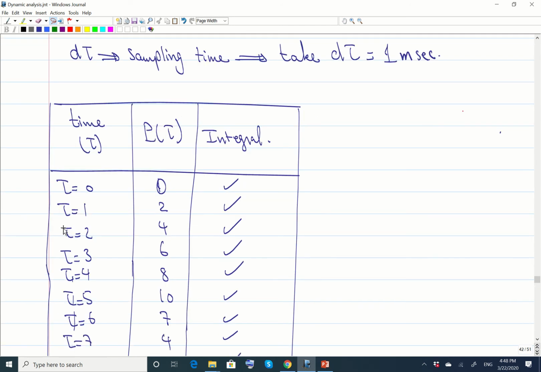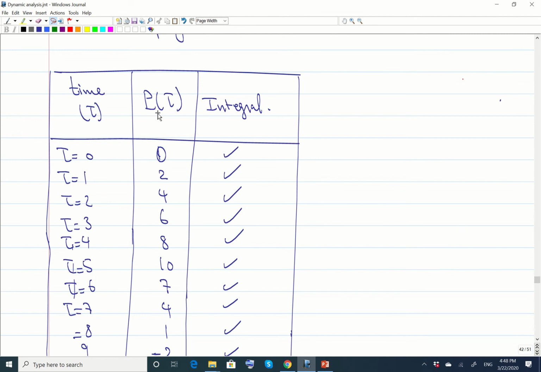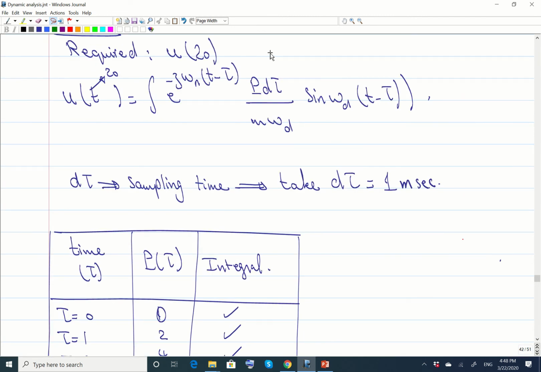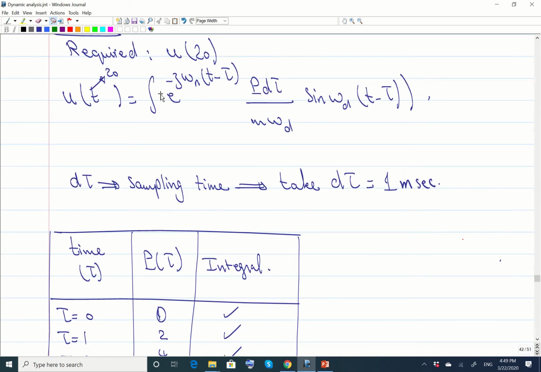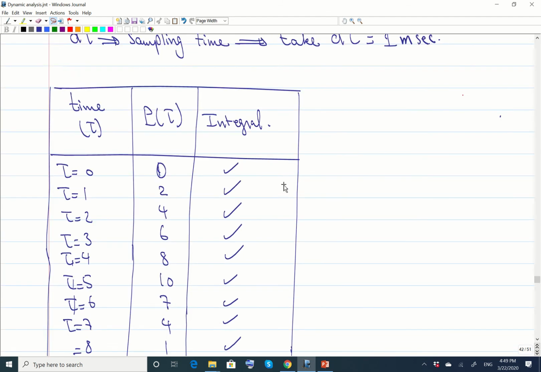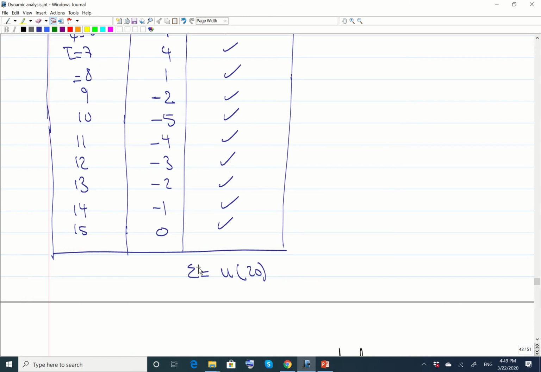Tau equals 0, tau equals 1, tau equals 2, and then you calculate p of tau. This term here, p of tau, and then you multiply it by d tau, delta t over here. You find this value, and then you find the integral. This value is the value here without the integration. You find everything here in the integration without integrating, and then at the end, you sum. The summation means it's the integration.